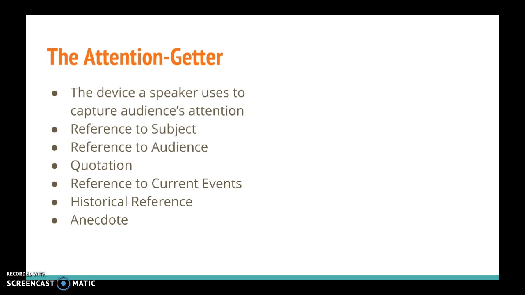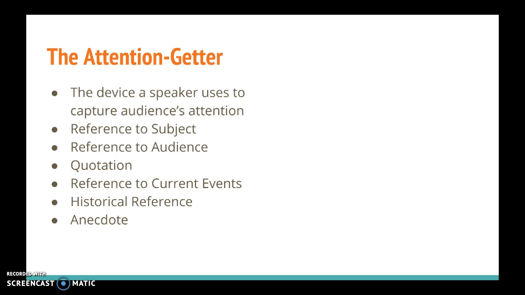Another attention-getting device that you could use is the anecdote. Now, I personally think that anecdotes are one of the strongest ways that you could open up a speech, and that's because an anecdote is a story. It's a narrative. It's an interesting or humorous event that really emphasizes your speech's basic message. And it really helps your audience to put a face to whatever your topic is, because generally speaking, anecdotes involve people.